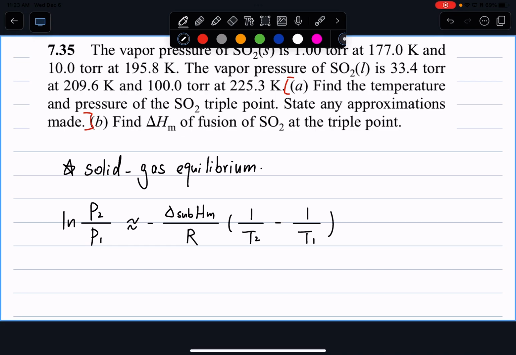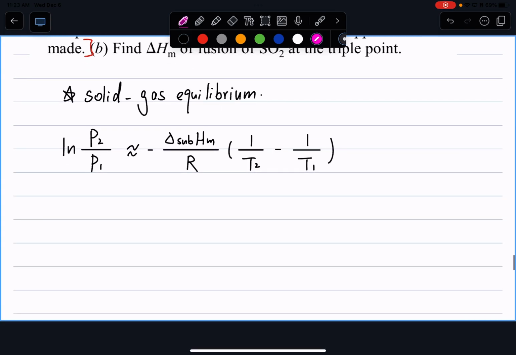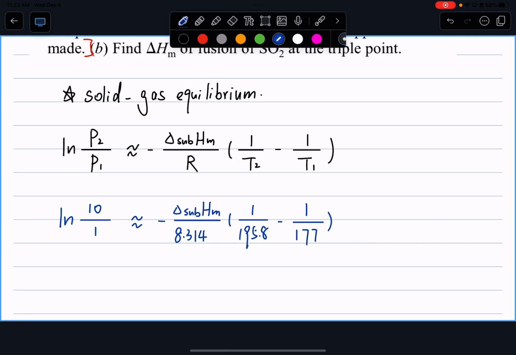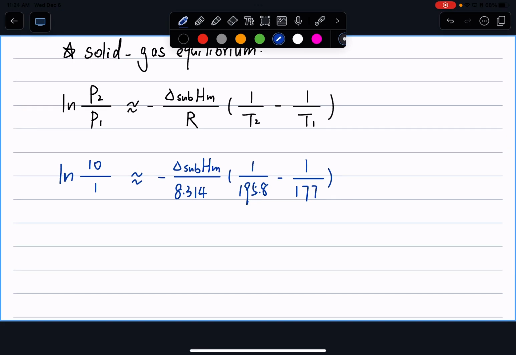The next step is just plugging in numbers. Let's say that's my P2, T2, and that's my P1, T1. So 10 over 1 approximately equals negative delta sublimation HM over 8.314 times 1 over T2, 195.8, minus 1 over 177. You can plug that into your calculator.